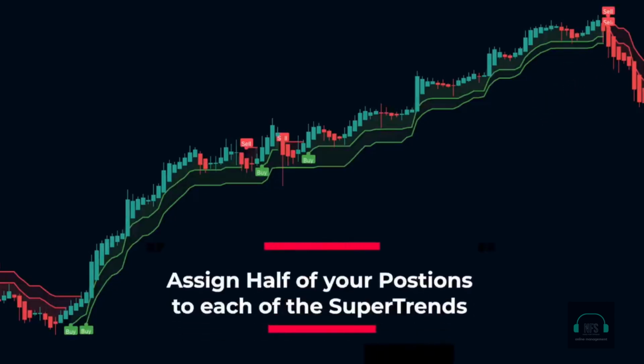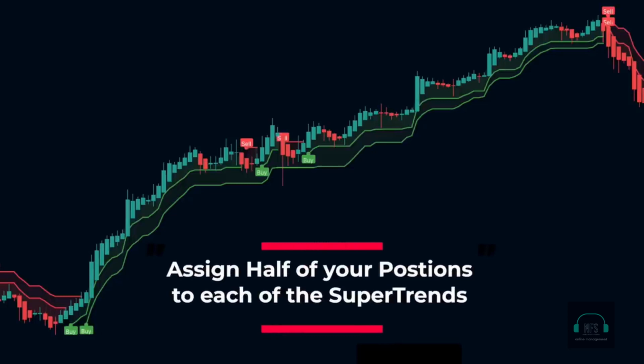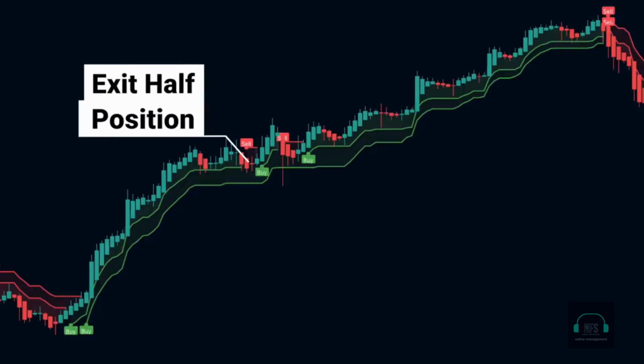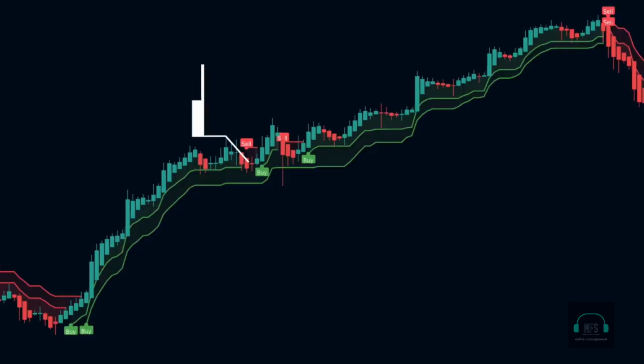An alternative way of managing this trade would be to assign half positions to each of the SuperTrend indicators. For instance, our entry was here. When the short-term SuperTrend turns red here, we will exit half our position. We will exit our other half position when the long-term SuperTrend turns red, which is at this point.